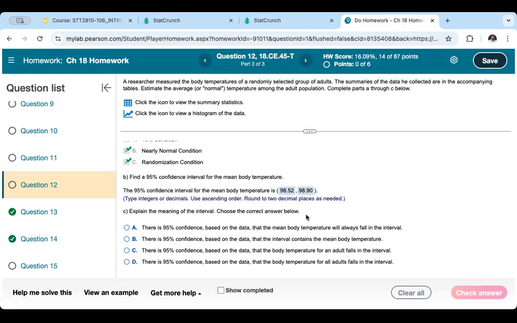Do you agree it's B? How many of you think it's B? Okay.